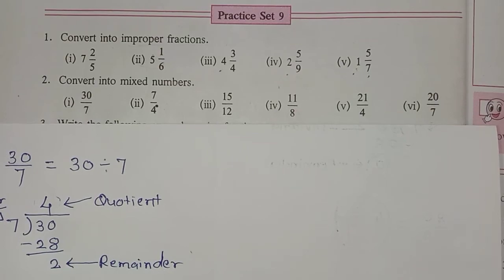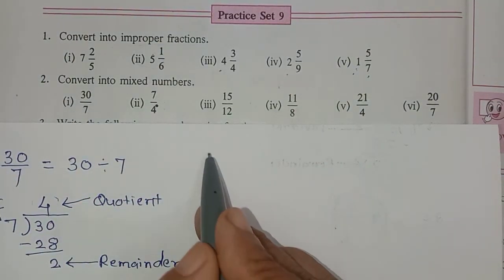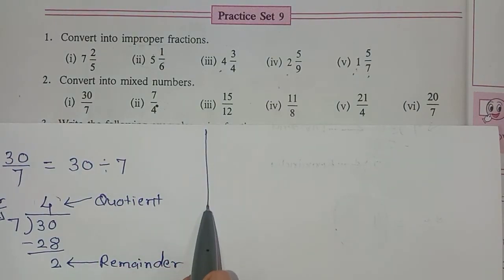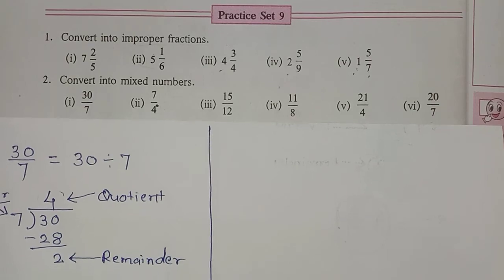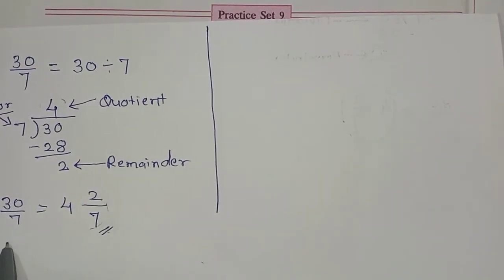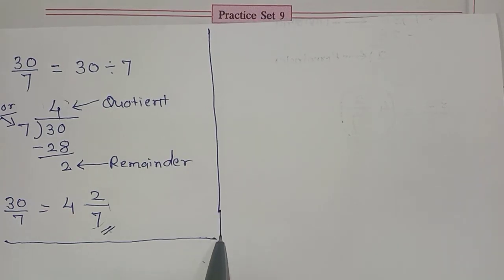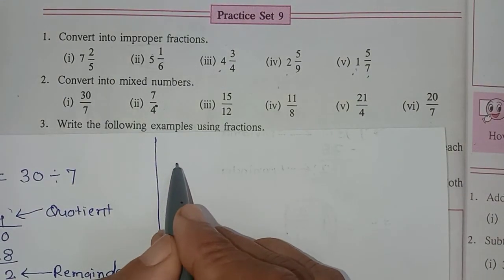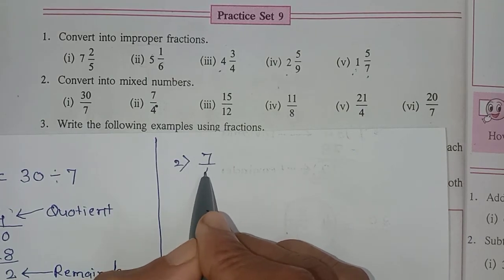Now let us see another example. Second one, 7 upon 4.